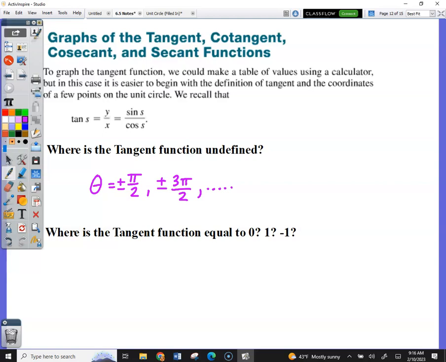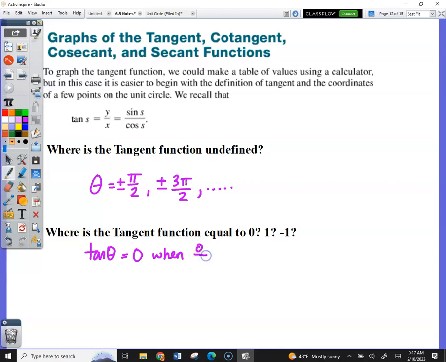Where is the tangent function equal to 0, 1, -1? Okay, so tangent of the value is 0 when, you have to think about it, that means you're dividing 0 over a number.